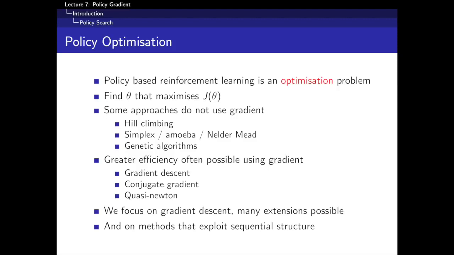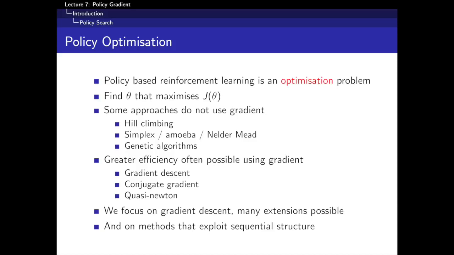There's another large family of methods that make use of the gradient information to gain greater efficiency, because this gradient points you in the direction of greater reward, points you in the direction of how to do better in this MDP, rather than having to blindly try things by trial and error and figure out which of those is the best. So we will focus on gradient descent, the simplest instance of this.